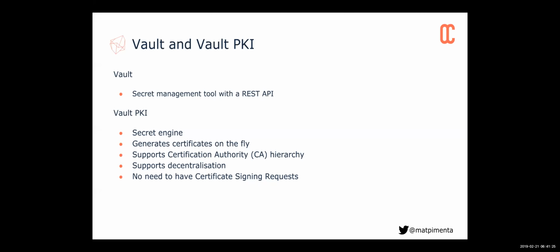And for me, the key feature in the Vault PKI is roles. Whoever holds access to Vault would have some kind of role, and that role restricts the common names of the certificates you can generate and the time to live of those certificates, which is a very nice thing, as we will see.